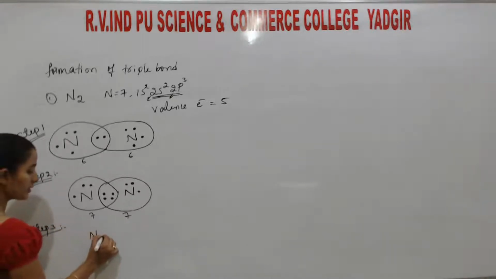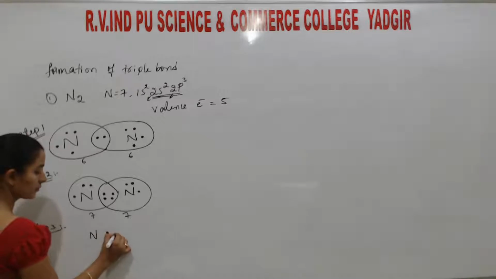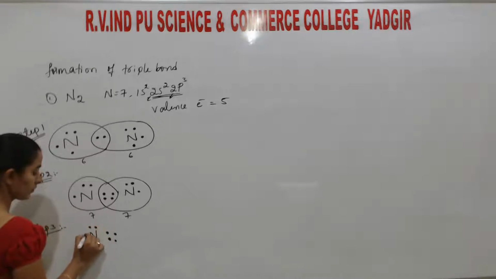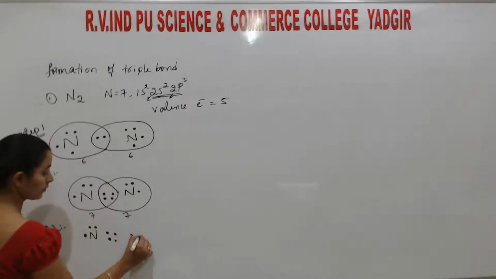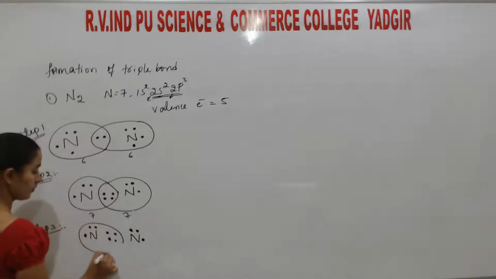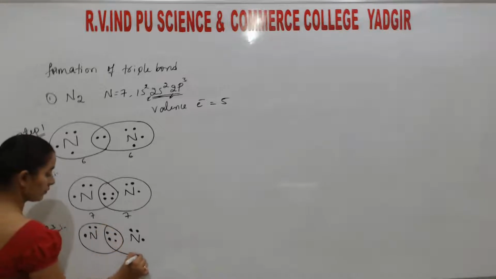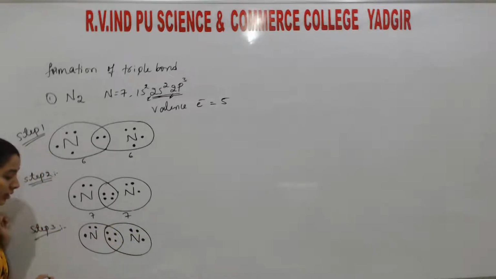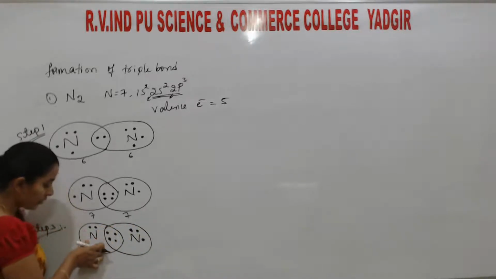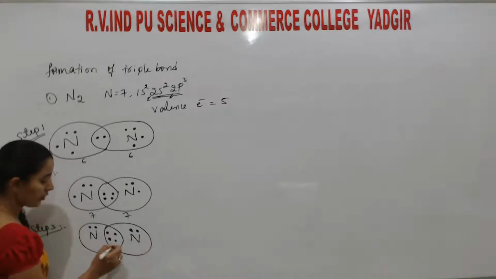Like the same structure. Now listen, one electron of this nitrogen and another electron of this nitrogen again form a bond here.